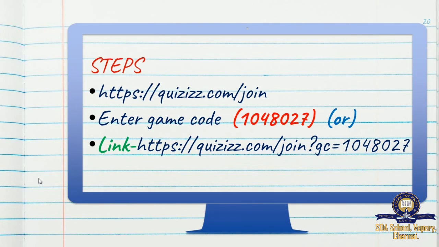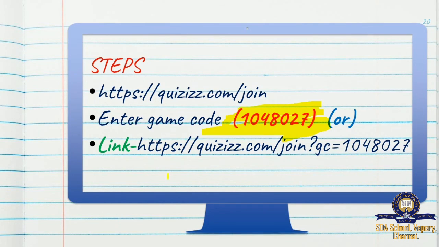First, you can use either your web browser or your mobile phone to play this game. If you are using a system, just go to quizzes.com and you can join the game by giving the game code. You can join by typing this game code. This is your game code for this activity.